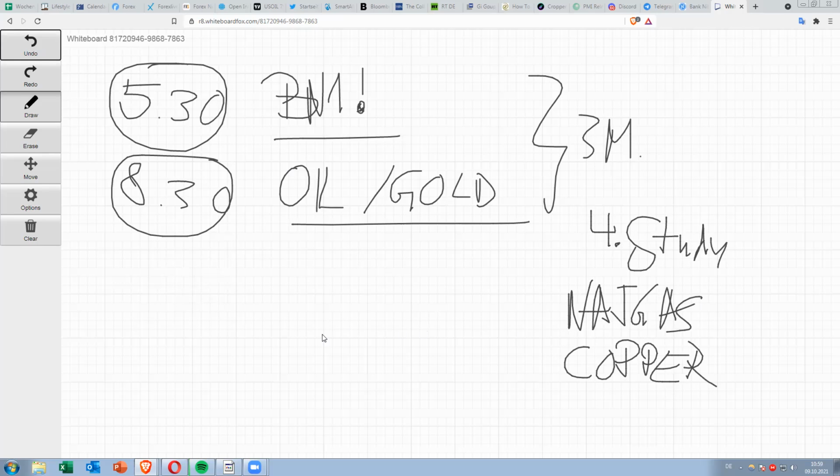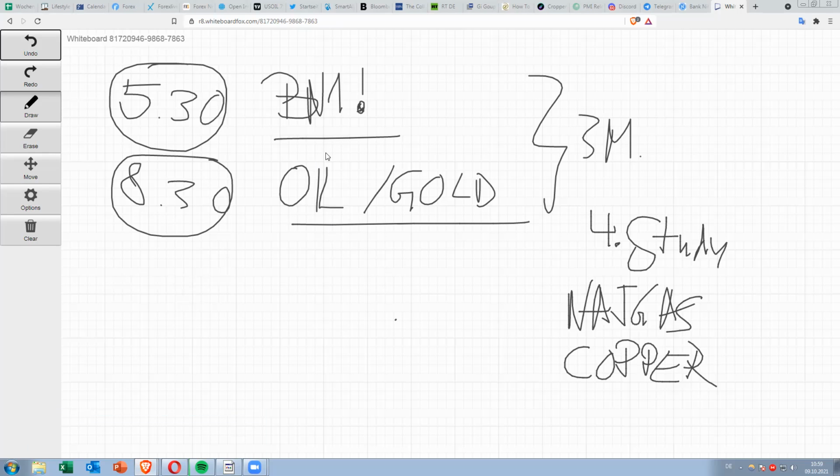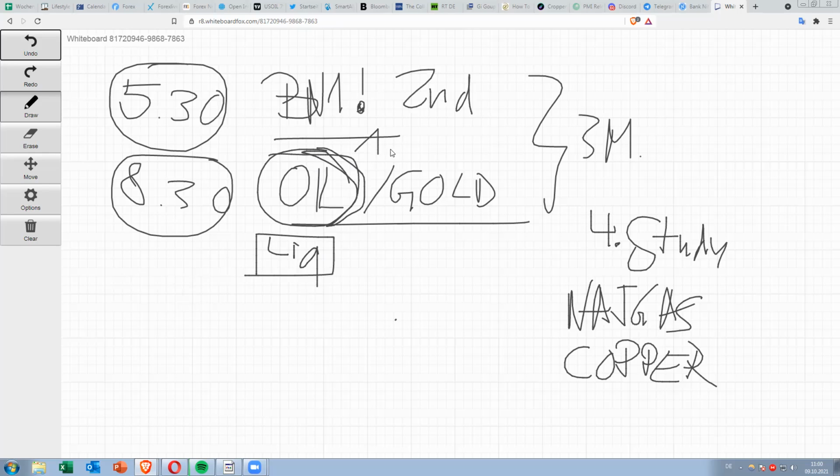Oil is the biggest liquidity market, so this will become your main market. Bank Nifty will become your second market, and gold on occasions becomes your third market. And maybe natural gas, if you can do it, is your last opportunity, or copper.